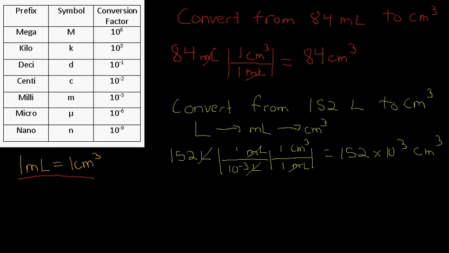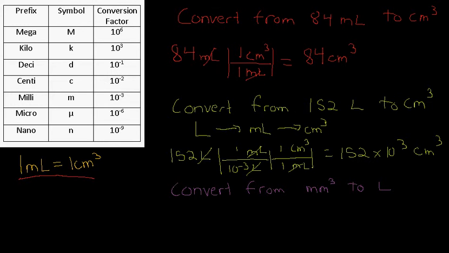Let's try one more example that's going to be particularly challenging. Let's go the other way with it. We're going to convert from millimeters cubed to liters. This is one of the trickiest conversions you can have.